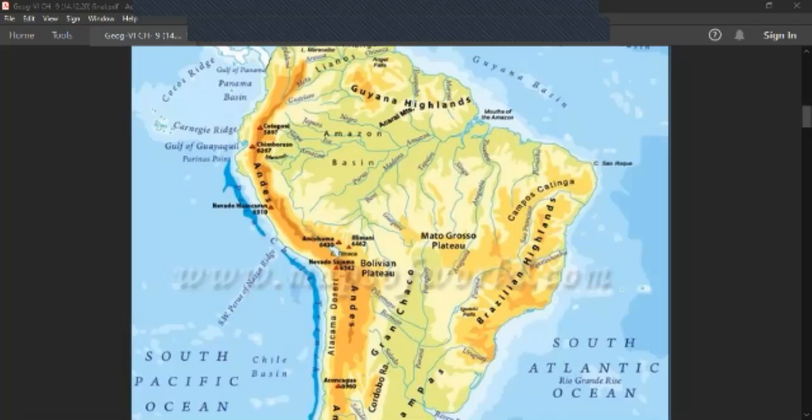The hot Atacama Desert lies in this coast across the Tropic of Capricorn in North Chile. Atacama is the driest desert in the world.